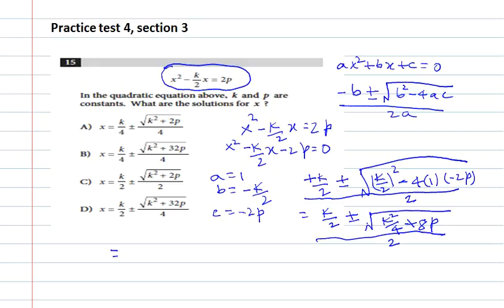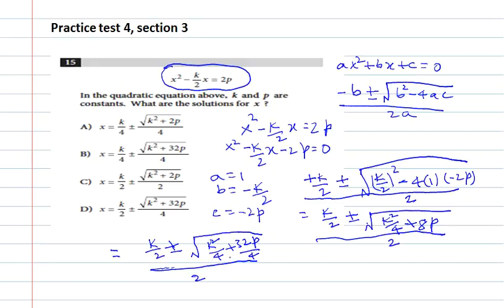So coming back here, that's the same thing as k over 2 plus or minus square root of, let's write 8p as 32p over 4. So you have k square over 4 plus 32p over 4, the whole thing divided by 2.